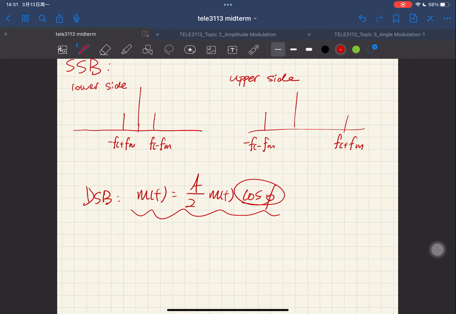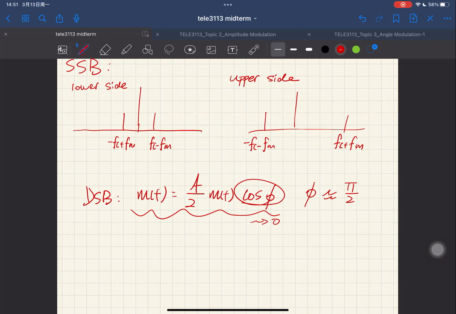I think in your lab you also play with that term. So if you have this phase almost equal to pi over 2, you're gonna hear a very small volume of voice. It's because when phi is close to 90 degrees, this is close to 0, which will attenuate your amplitude quite a lot.